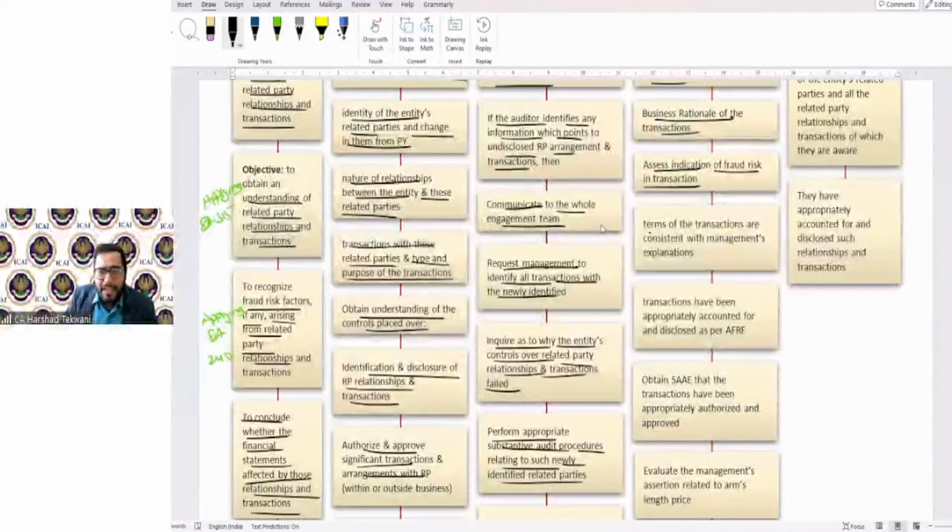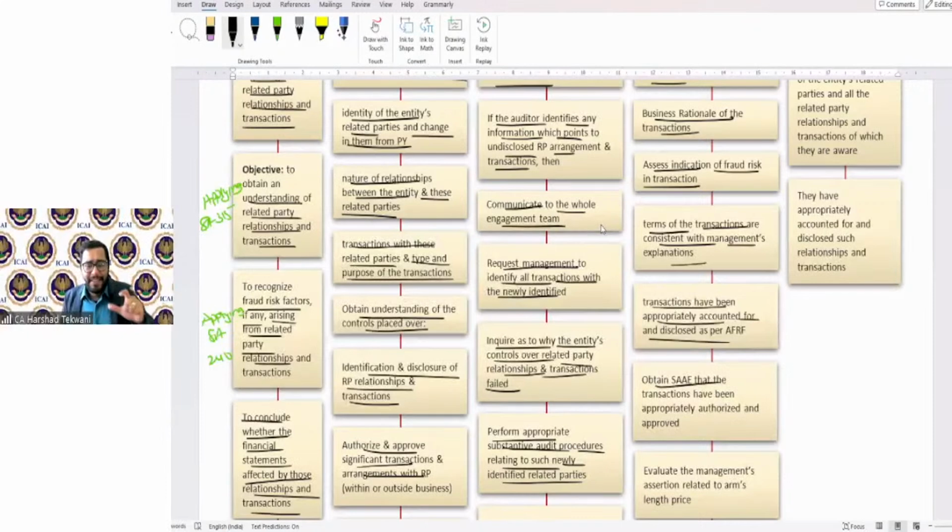Then you need to understand the terms of transactions, whether they are consistent with the management explanation, whether the transactions have been appropriately accounted for as per the financial reporting framework and appropriately disclosed. You need to obtain sufficient and appropriate audit evidence that the transactions have been appropriately authorized and approved, including the requirements of Section 188 of the Companies Act.